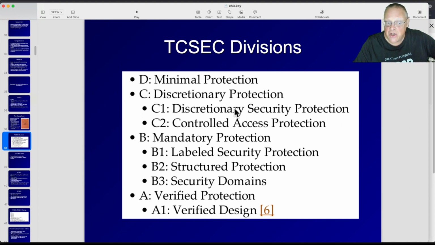So that's discretionary protection. Then you got mandatory protection, where you're getting more secure. Now you have labeled protection with these labels like secret and top secret, and some kind of structure to how those things are assigned. And then you have verified protection, where everything is audited and checked to make sure it's really working, and that's the highest level of security.